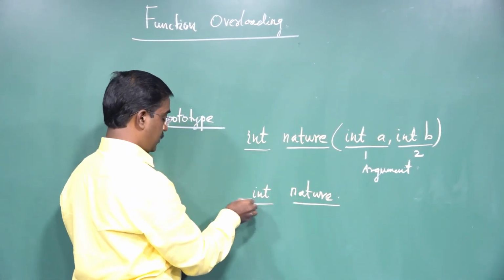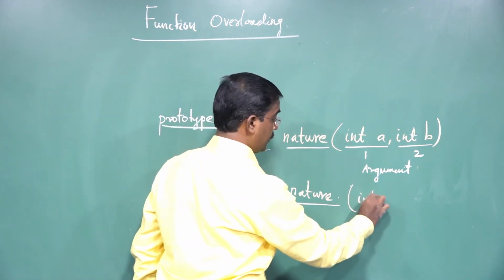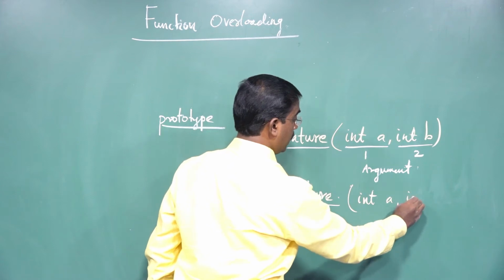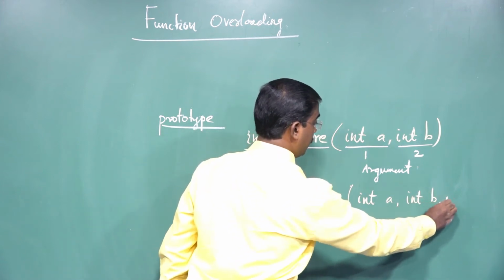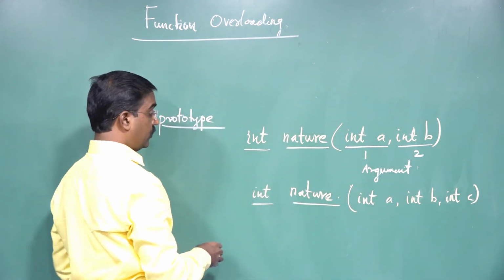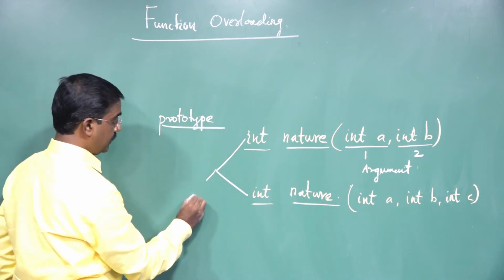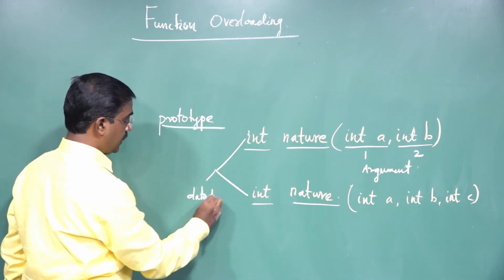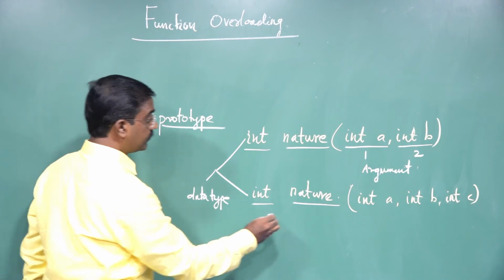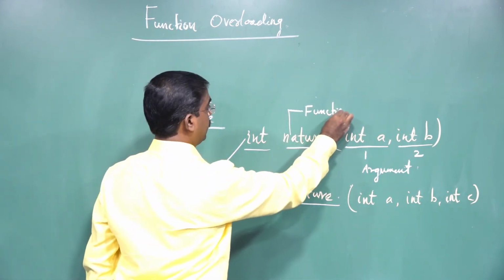Here integer, but in this one: integer a, comma, integer b, comma, integer c. Here integer and integer are the data types, and nature is the function name.